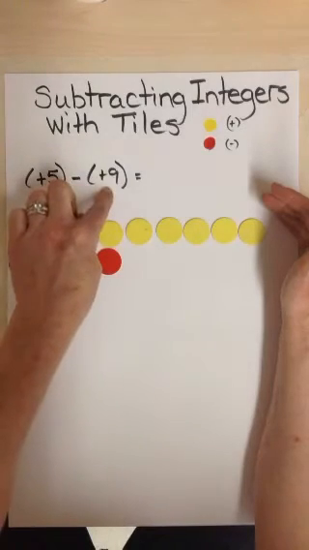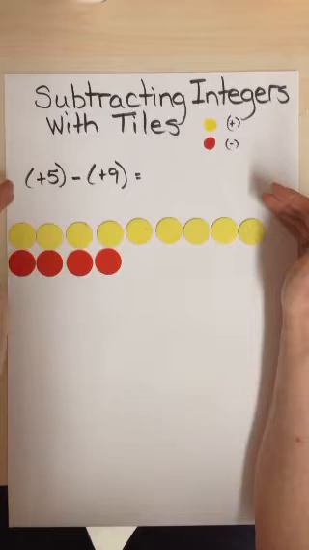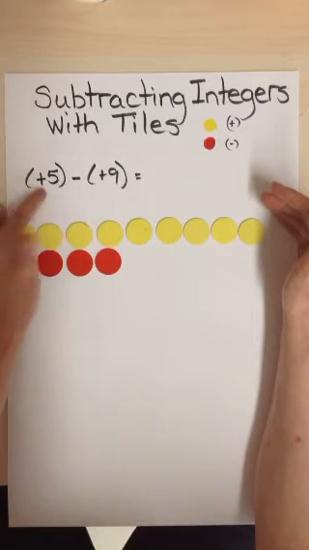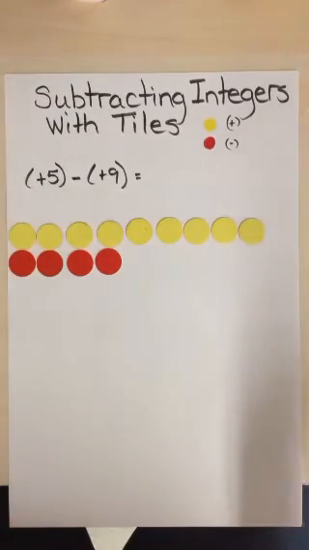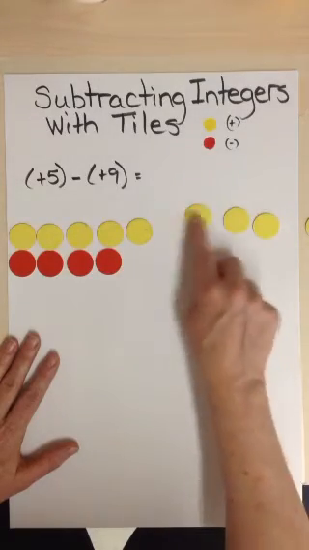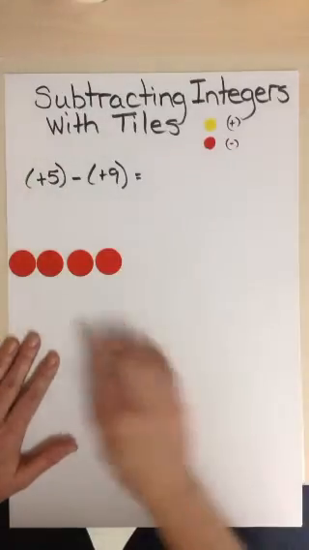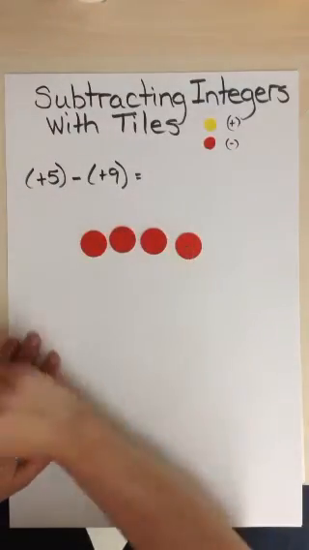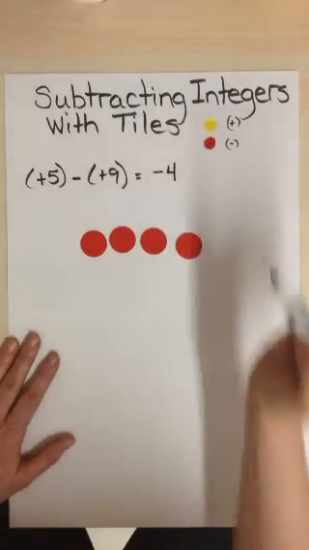I am focused on the positive 9 and the fact that I need enough to be able to remove, but I need to make sure before I remove anything, have I actually modeled positive 5 with what I have here? Yes, I have. So now I can take away my 1, 2, 3, 4, 5, 6, 7, 8, and 9 positive tiles, and I'm left with 4 negative tiles. So my answer is negative 4.